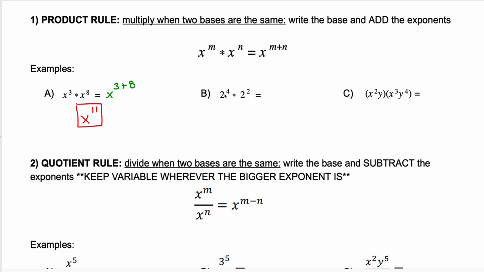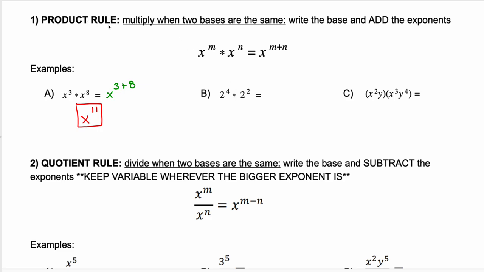On the next problem, we have 2 raised to the fourth power times 2 raised to the second power. Now, these have bases of numbers, but they follow the exact same rule. It's whenever the two bases are the same, that's what we're looking at. So the base of 2 and the base of 2 have the same base, and the two expressions are being multiplied.